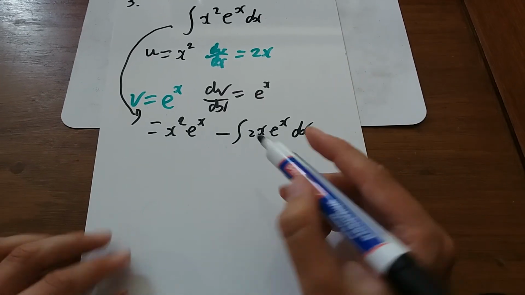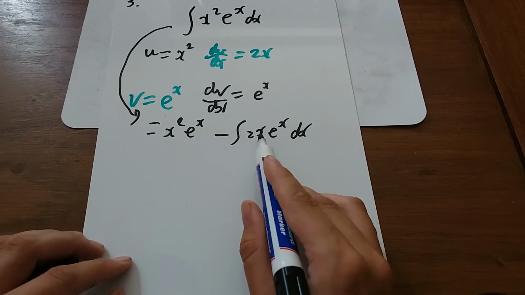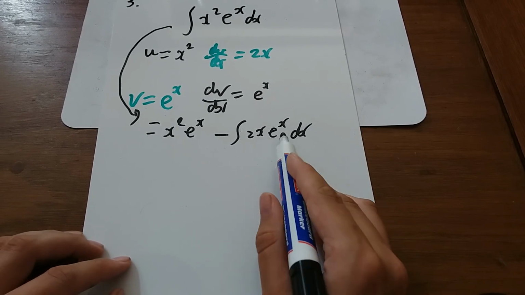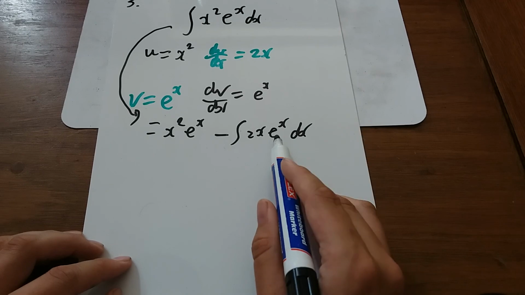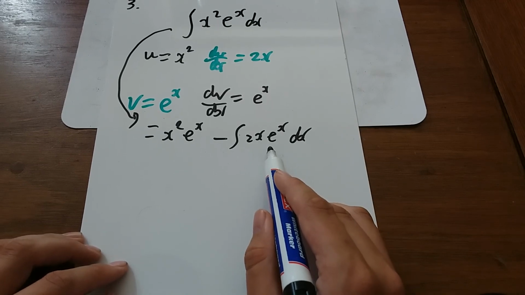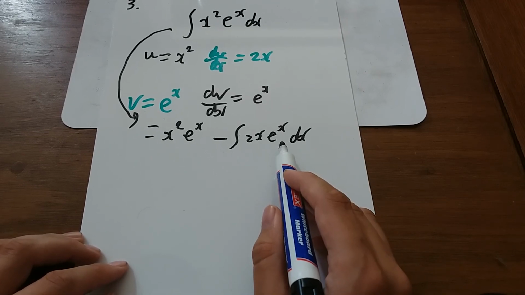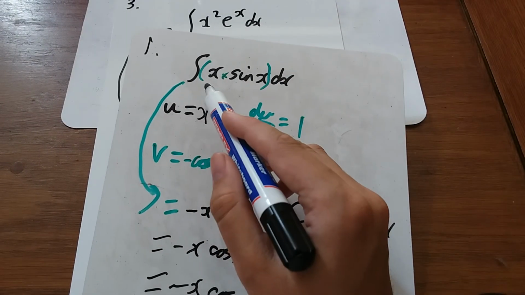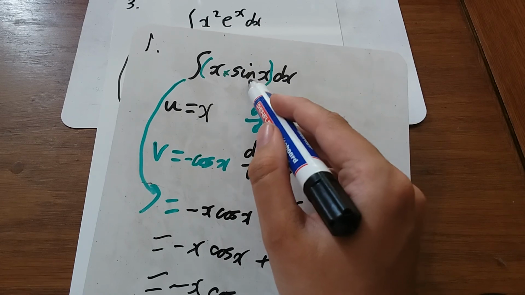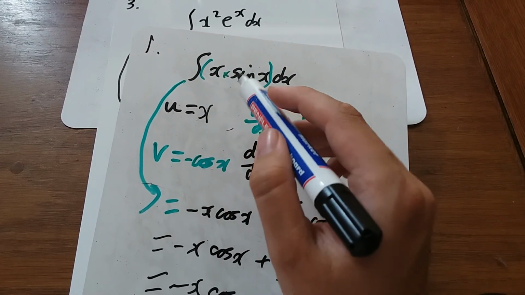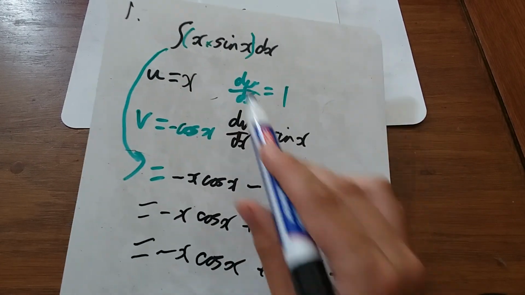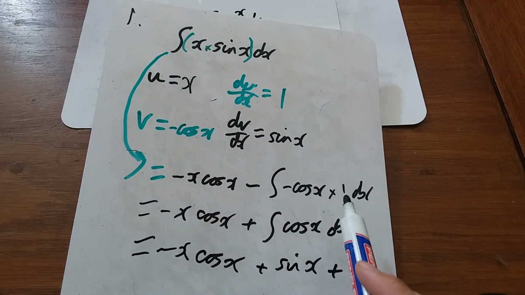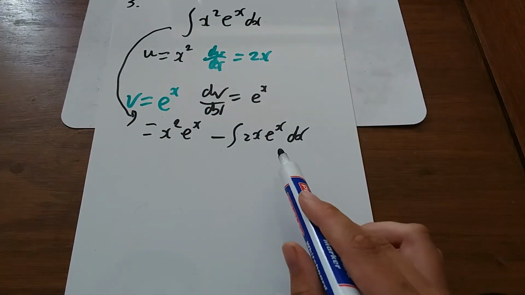Okay, this thing in here still has an x multiplied by an e to the x. So what we could do is integration by parts again. It's a bit like the very first example where we had an x times by trig. Integrating it by parts swaps it from being something with an x to something with a 1. We can do the same thing here.